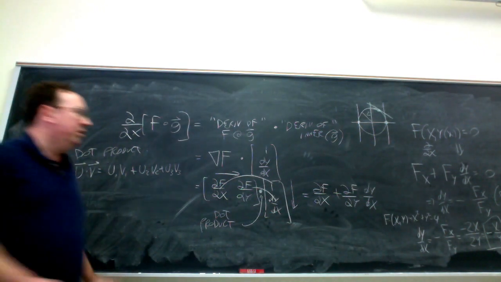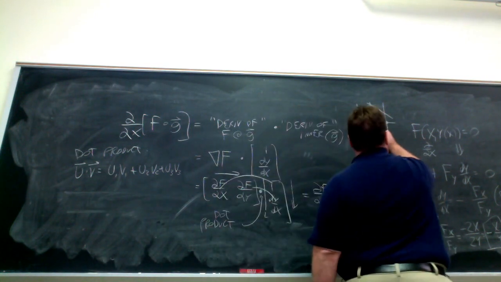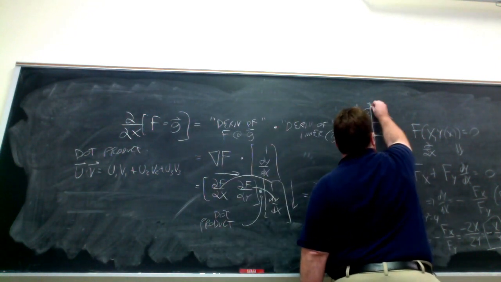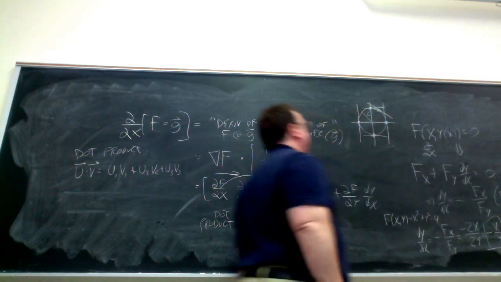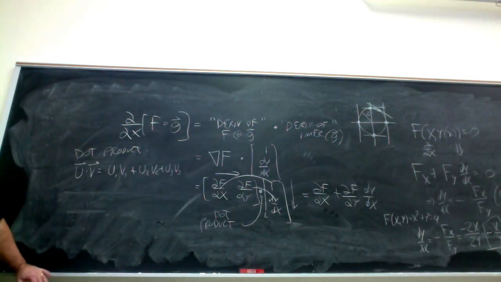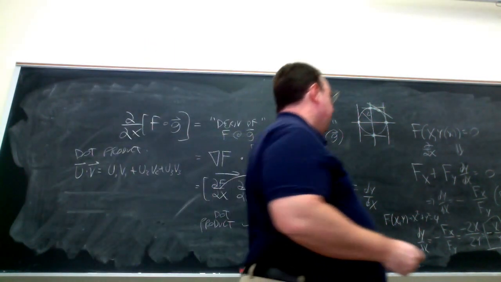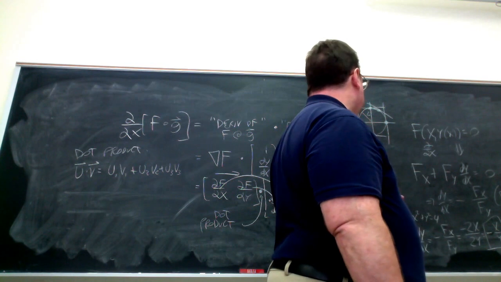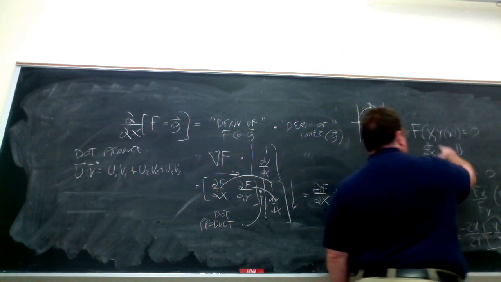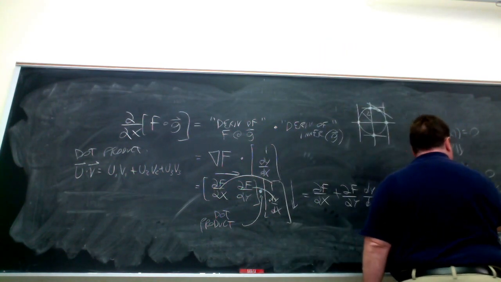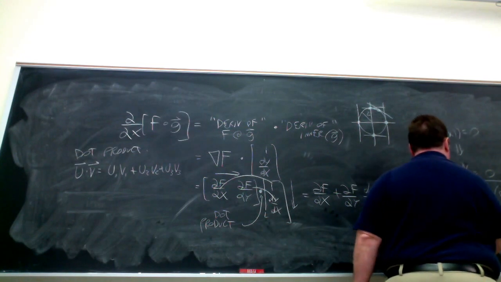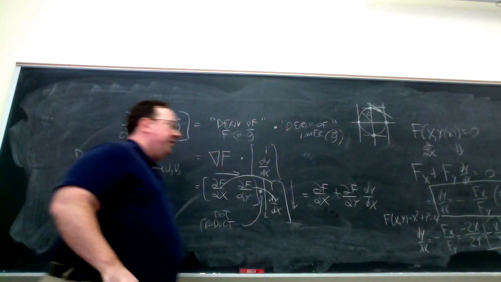It's horizontal. Any questions about getting dy dx? So you have a function of two variables, f of xy equals 0, an implicitly defined function like this. This is your formula for the slope of a tangent line.